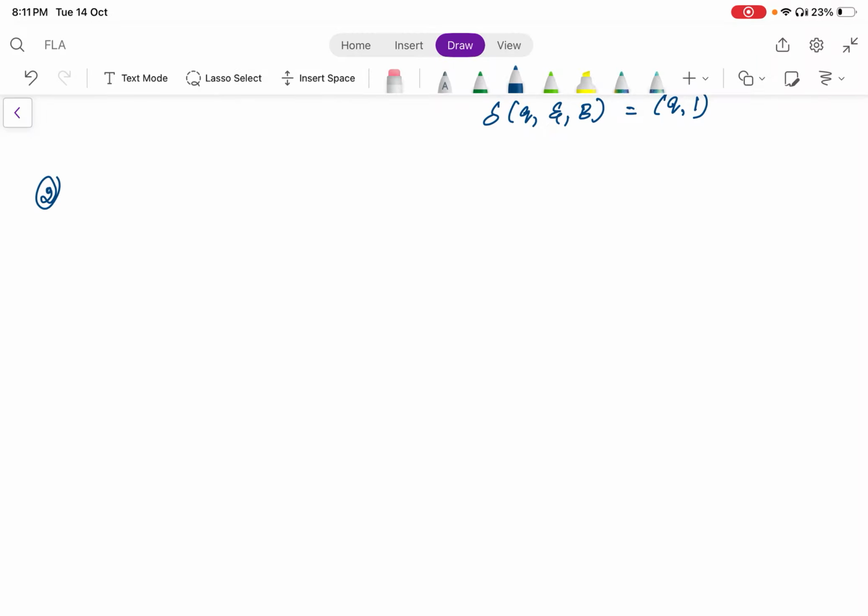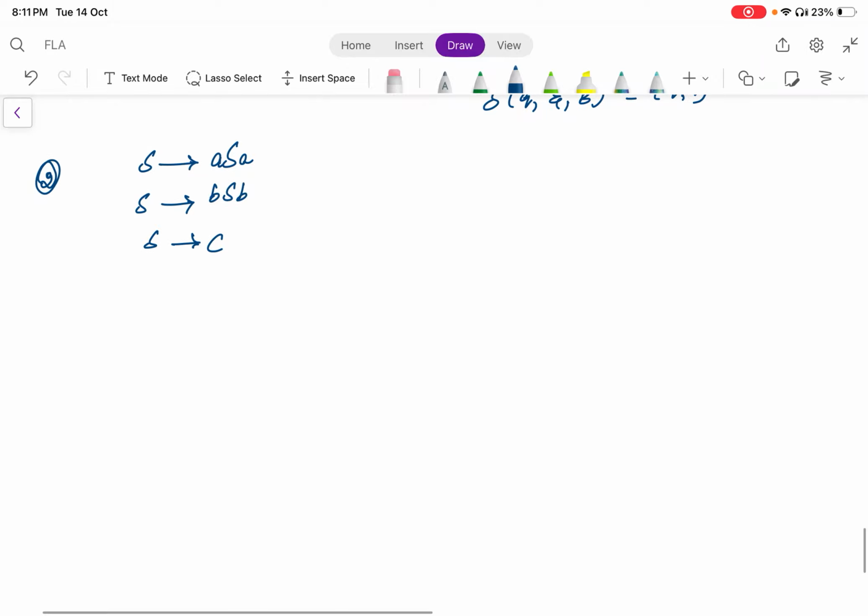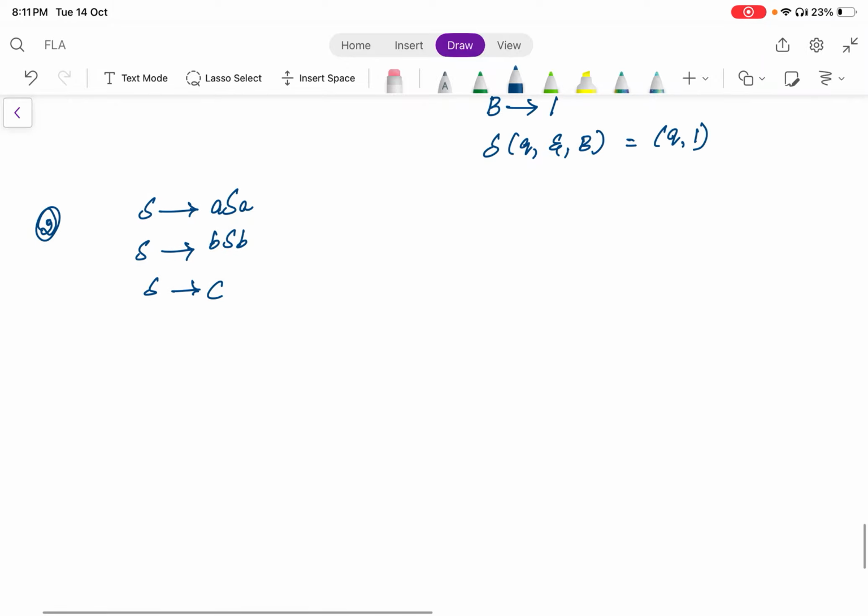So let's see another example. S tends to ASA, S tends to BSB, and S tends to C. Okay, now how will you write for non-terminals? S tends to ASA.